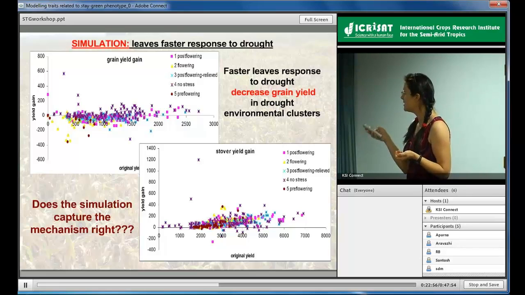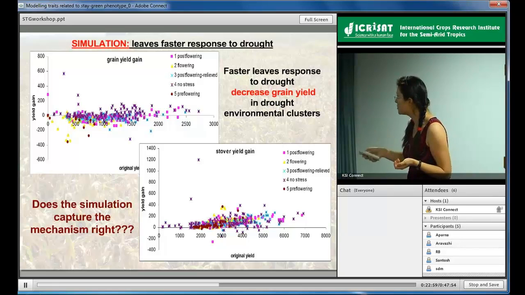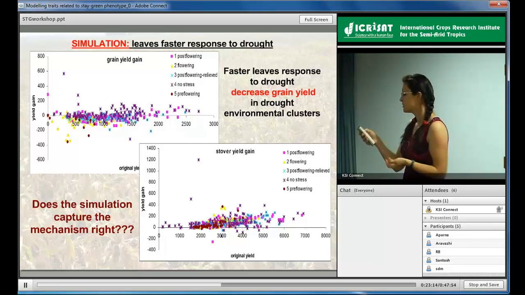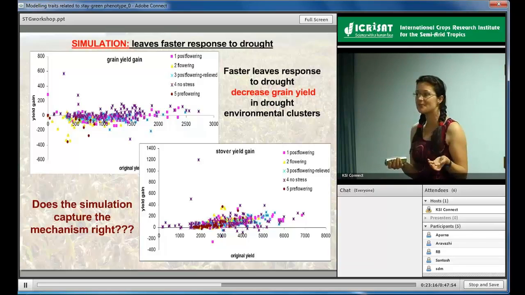So again, there would be the trade-off. As you have seen, the decrease in grain yield would be compensated by the increase in stover gain. But still, it is quite a surprising fact.